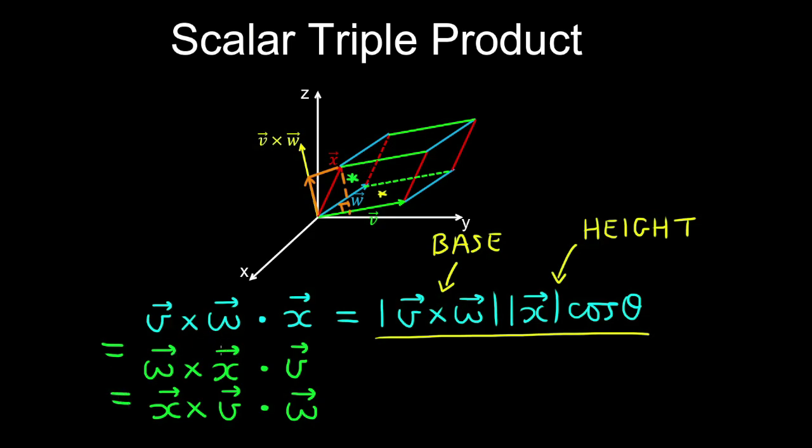So noting the commutativity of the dot product, this second expression is equal to the dot product between v and the cross product between w and x. So therefore from this relationship, v dot (w cross x) is also equal to (v cross w) dot x.